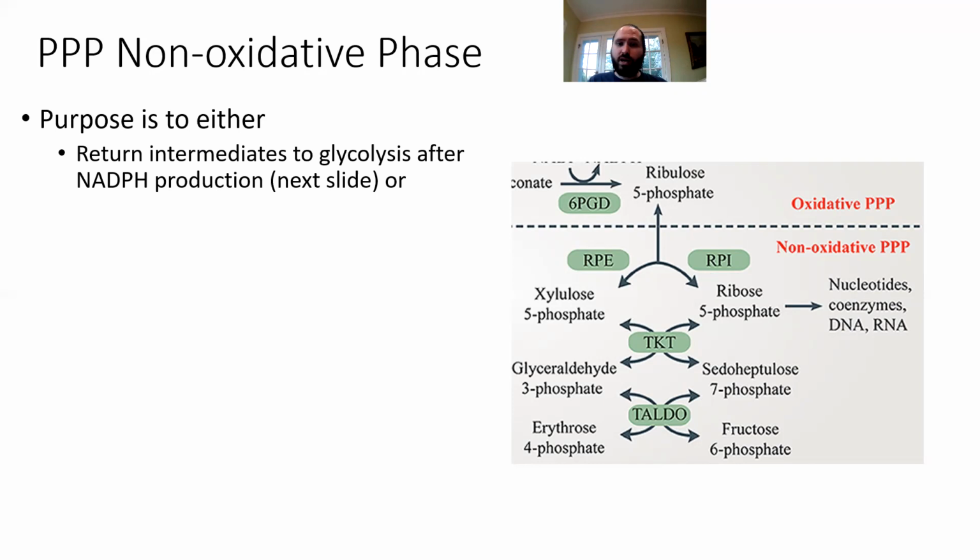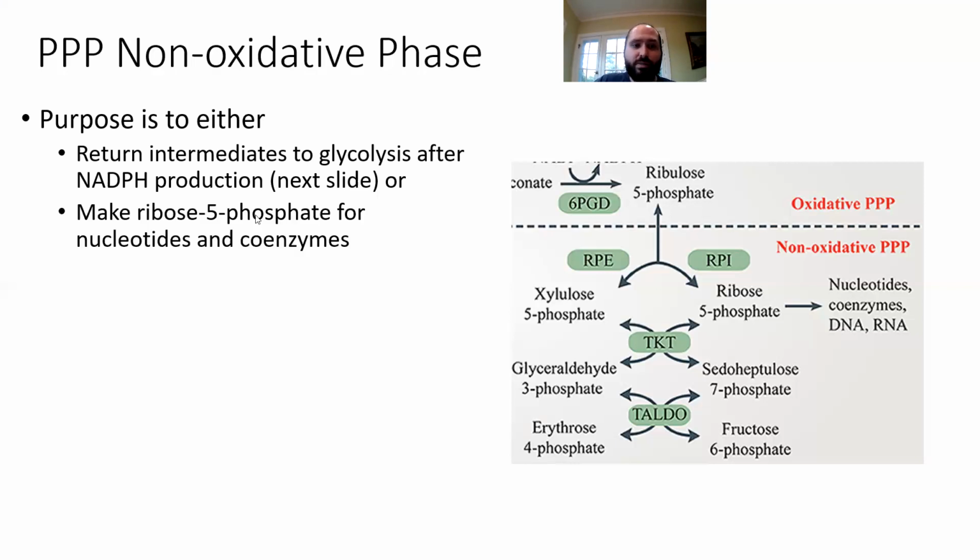Instead, we can have our intermediates go back to glycolysis, so then we can harvest ATP from them. Or if we wanted to make glucose out of them, we could do gluconeogenesis potentially as well. But largely, when we send these intermediates back to glycolysis, it is to make ATP from them.